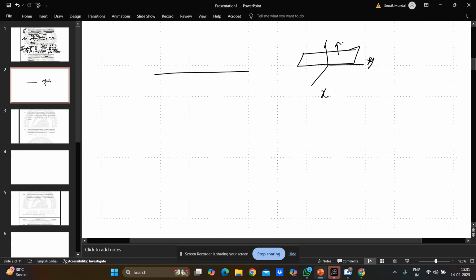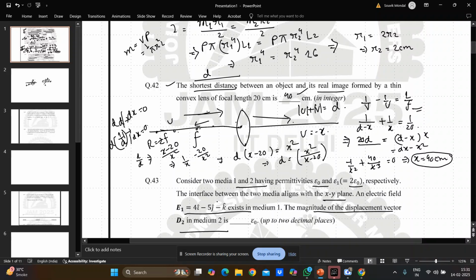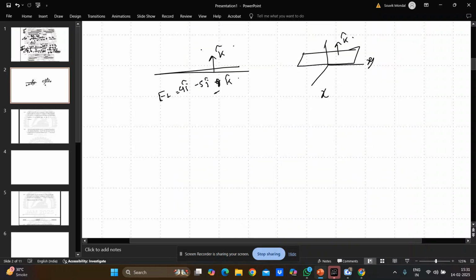So normal to this plane is surely k cap, right? Now E1 is given to you. It is 4 i cap minus 5 j cap plus k cap probably, yeah, minus k cap I guess. Let's see, it's minus k cap. And you know this is epsilon naught, this is 2 epsilon naught, and you don't know what E2 and D2 are. So let's use the boundary condition simply.